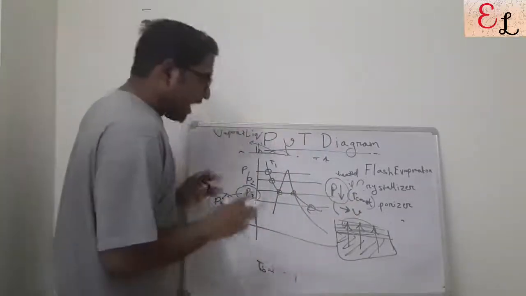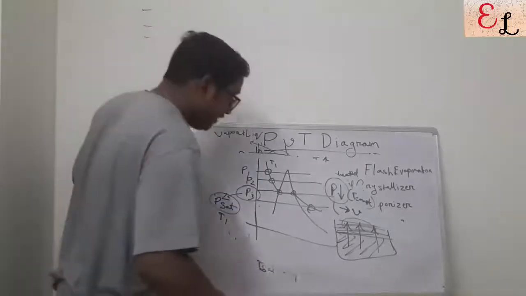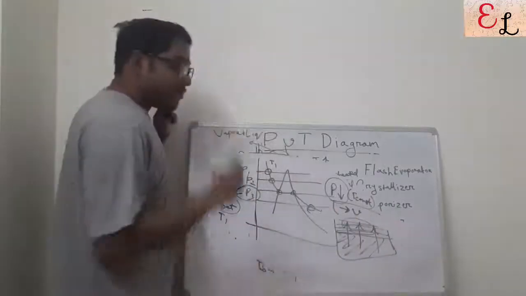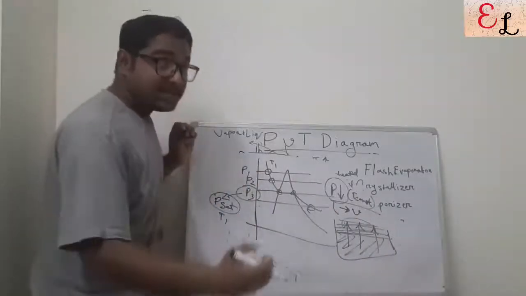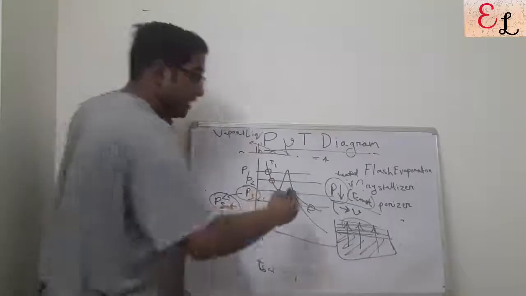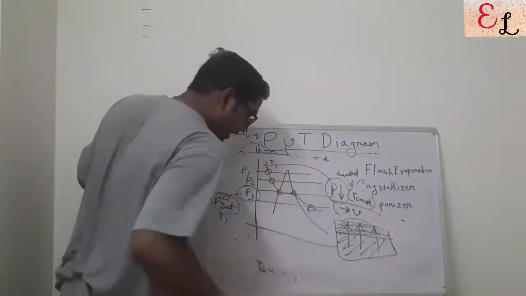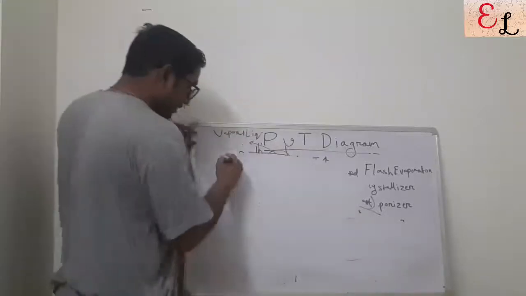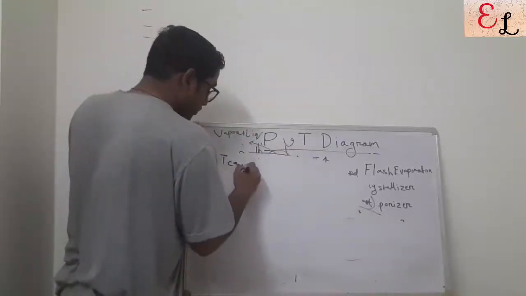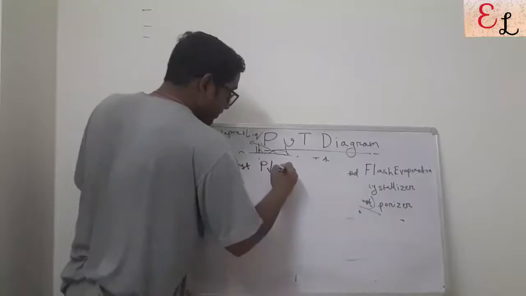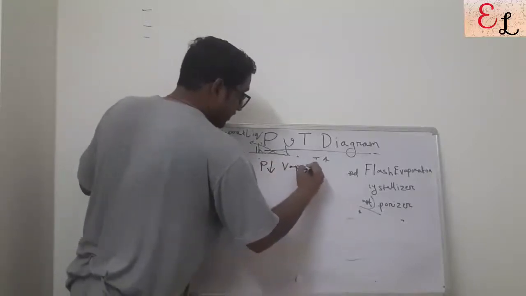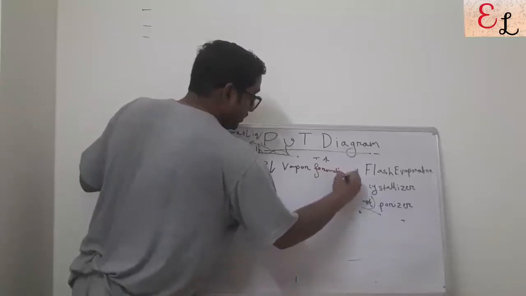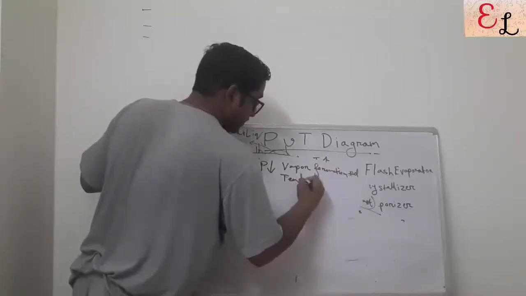By this graph, we can conclude that as we decrease the pressure, the vapor formation tendency increases. So we can straight away write that at a particular constant temperature T, if P decreases, vapor formation tendency increases.